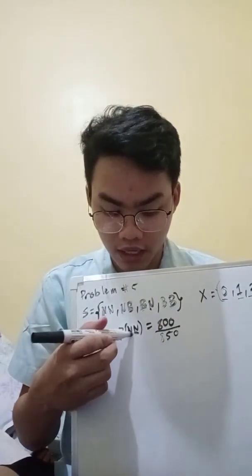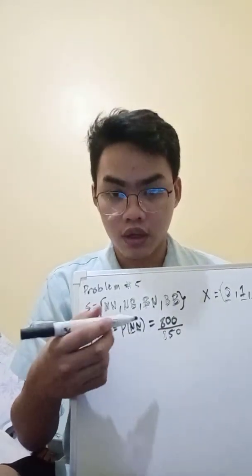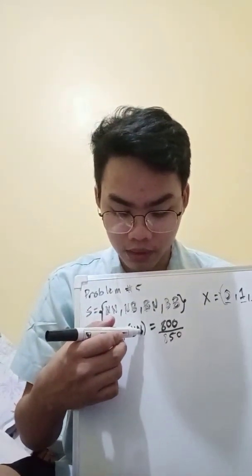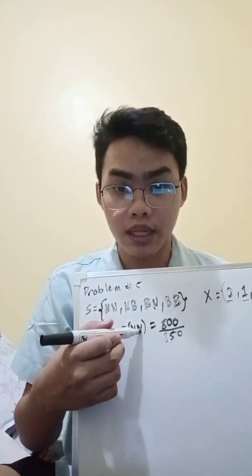This is the probability of the first N. Applying the AND principle, we multiply it by the probability of the other N. Since there is no replacement, the number of non-blue marbles now will be 799, because we drew one non-blue marble on our first draw, and the total number of marbles now will be 849.